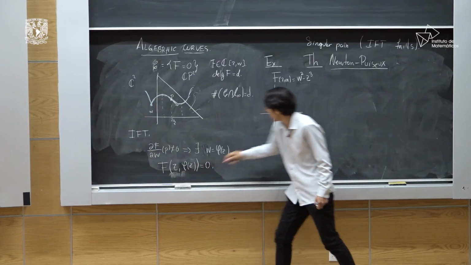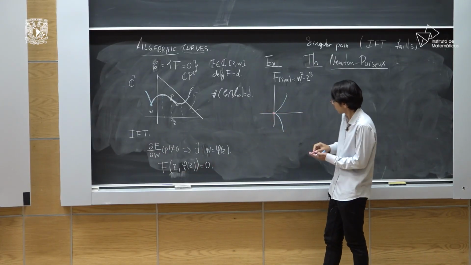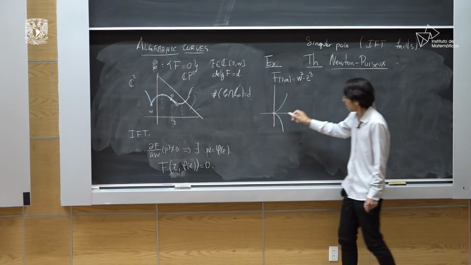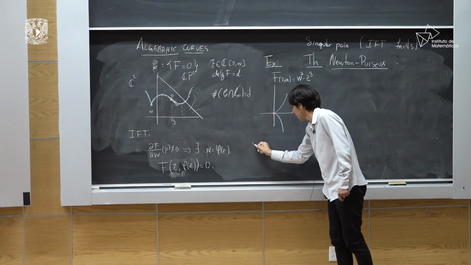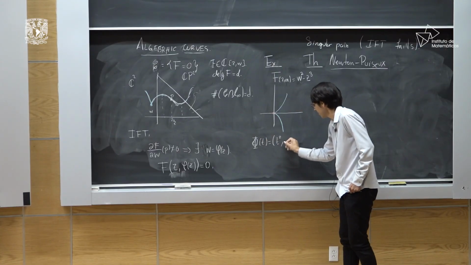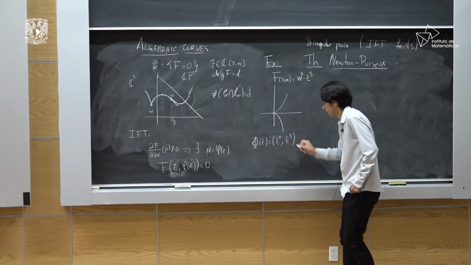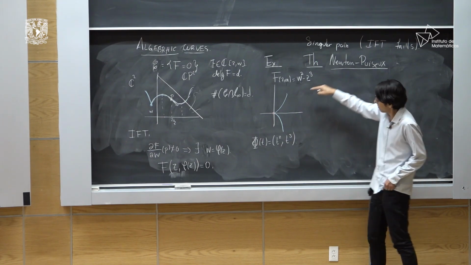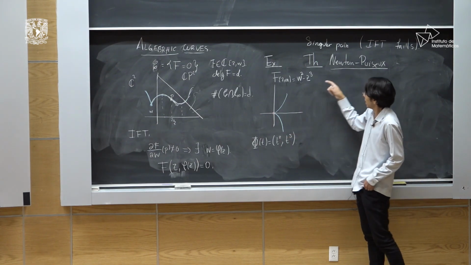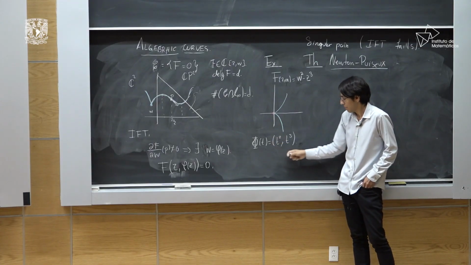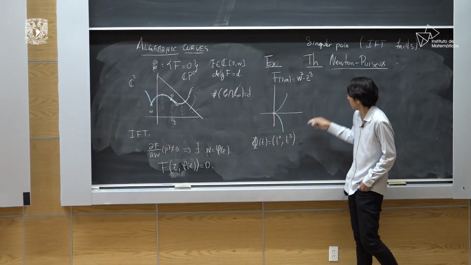We have here at the origin a singular point where the implicit function theorem fails, and we have a parametrization of the curve given by t squared and t cubed. So the Newton implicit theorem says that in the singular case, we can always obtain a parametrization like this.